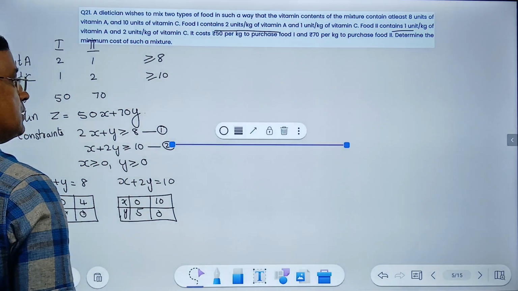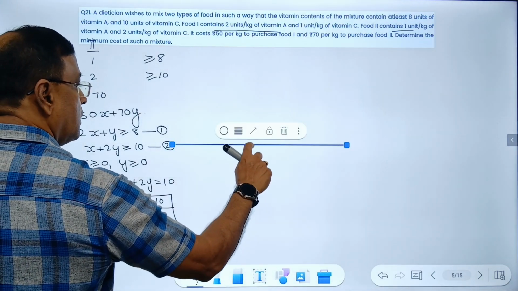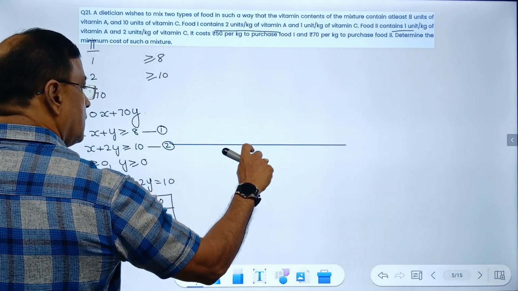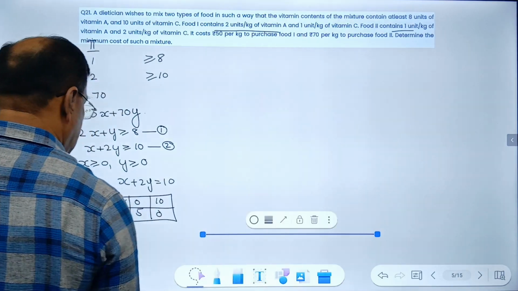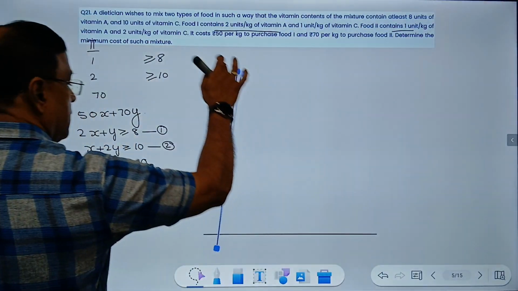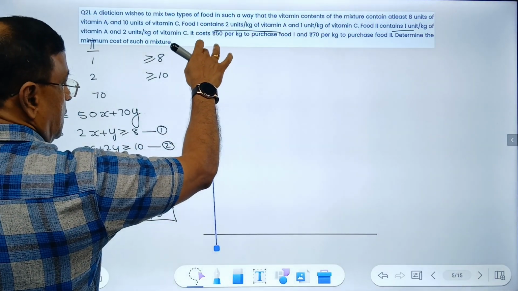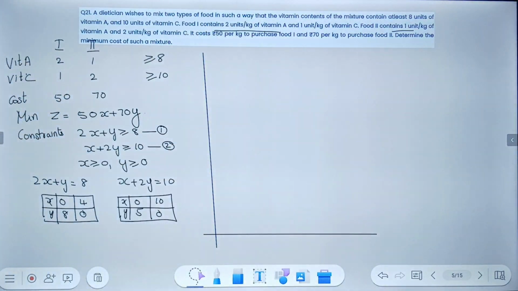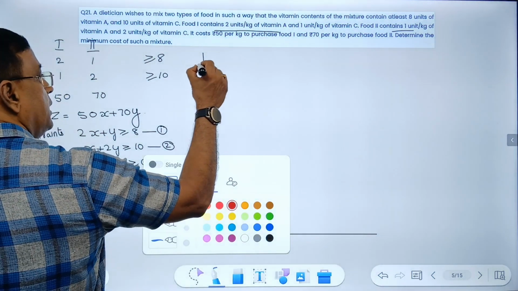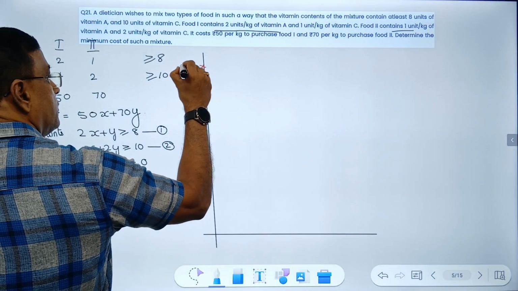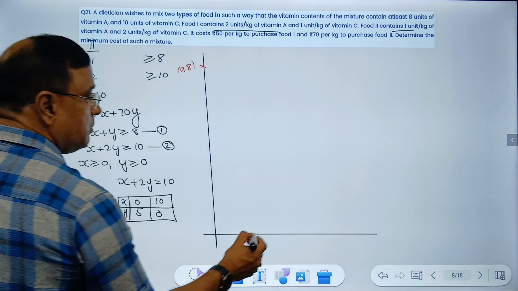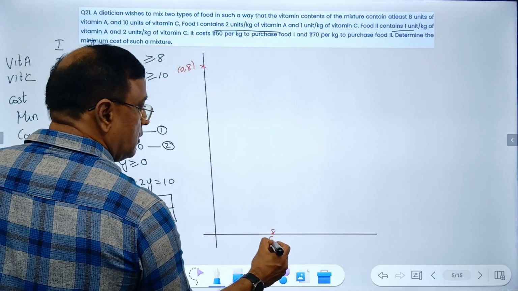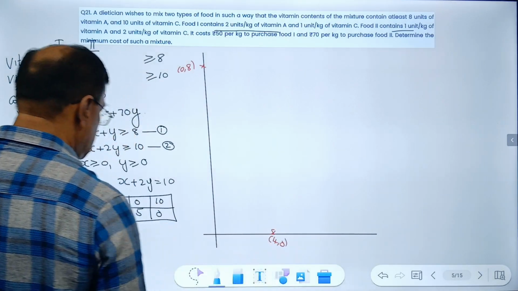Go to the x-axis. This is my x-axis and I have my y-axis. Now how do I plot it? Let's take 0, 8, and then 4, 0. So 4, 0 is somewhere here, and this is the line.